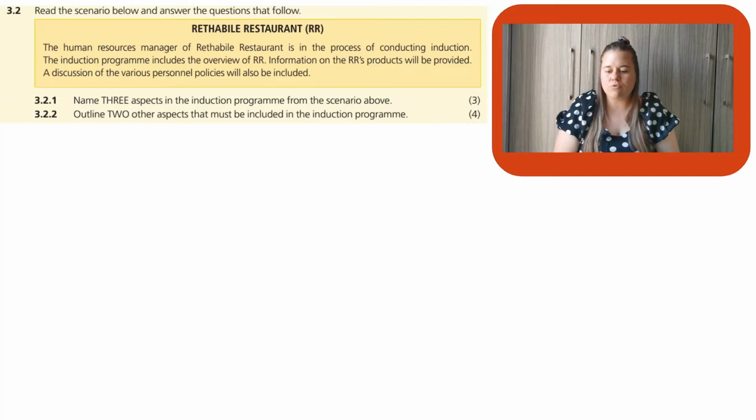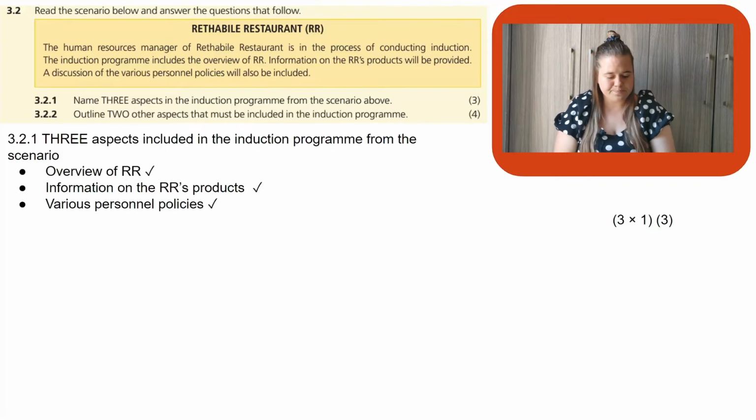Rita Bile Restaurant. The human resource manager of Rita Bile Restaurant is in the process of conducting induction. The induction program includes the overview of RR. Information of the RR's products will be provided, and then a discussion of the various personnel policies will be included.